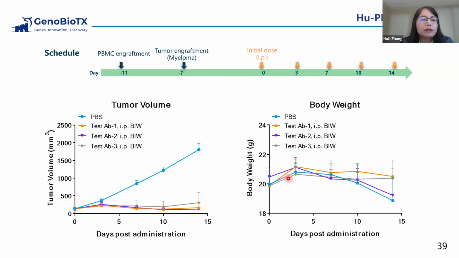Then we use these immune system reconstituted NMG mice for CDX-based drug efficacy evaluation. In this study, the human PBMC were engrafted 11 days before the treatment, and the tumor cells were inoculated 7 days before the treatment, and then the drug was administered at day 0.